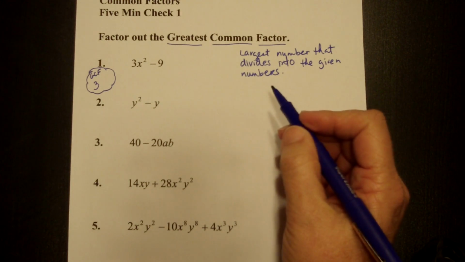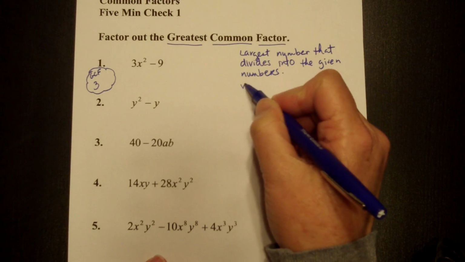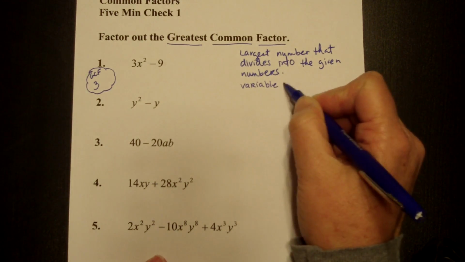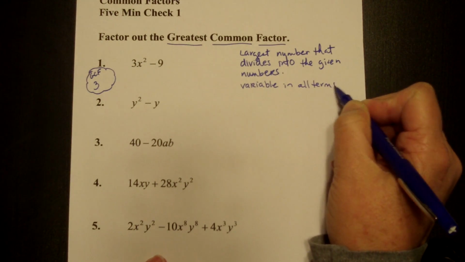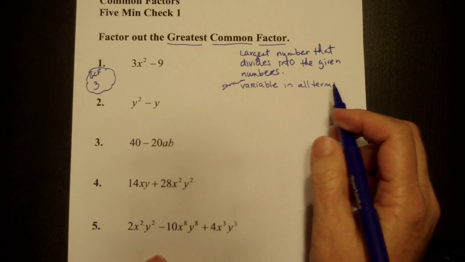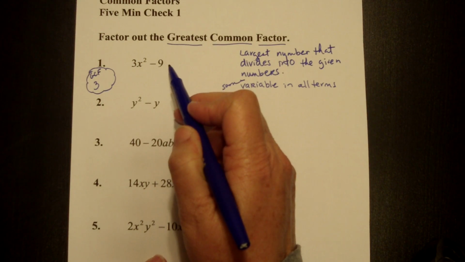Now you also have to look to see if there is a variable that is in all the terms. Okay, so you're looking for the same variable in all the terms. Well, there's an x in the first term, but not an x in the second term.